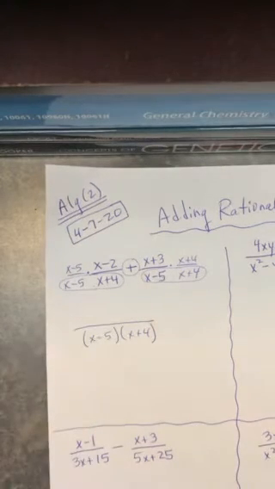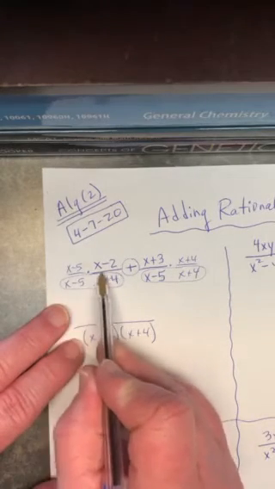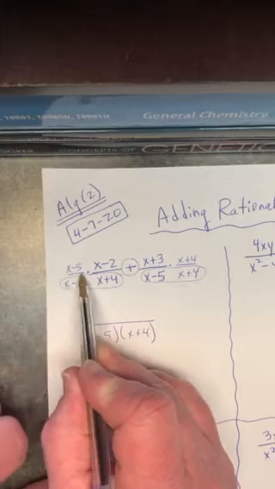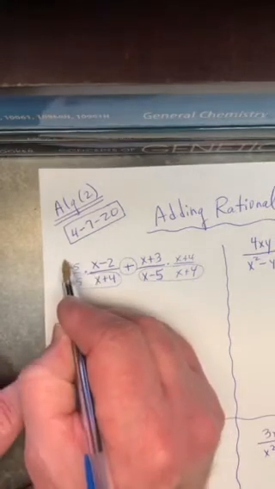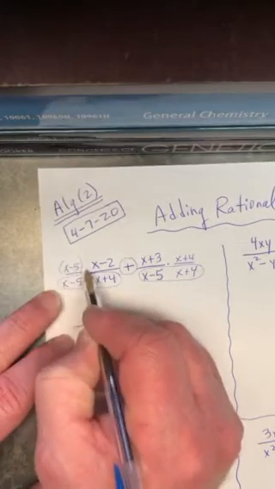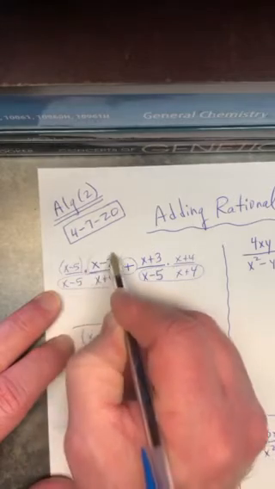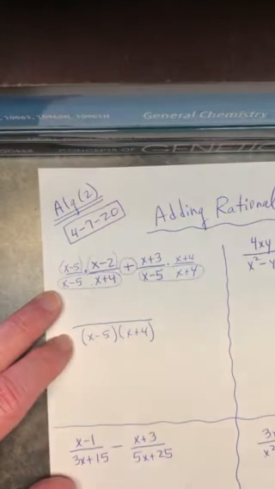That's my common denominator. Problem is, you got some work to do up top. Agreed? Look at this first situation that I'm pointing at right now with my pen. I've got to take this x minus 5 and times it by that x minus 2. Agreed? So I'm going to have to double distribute.